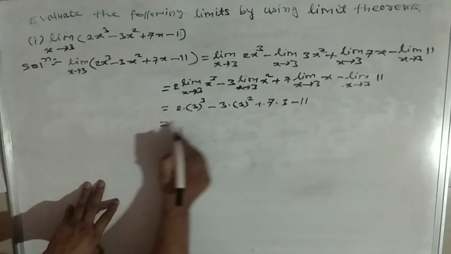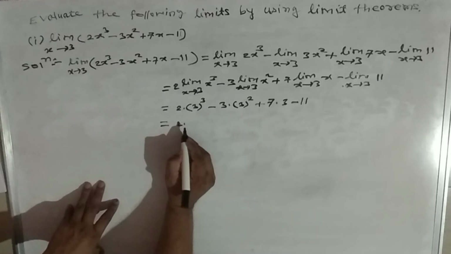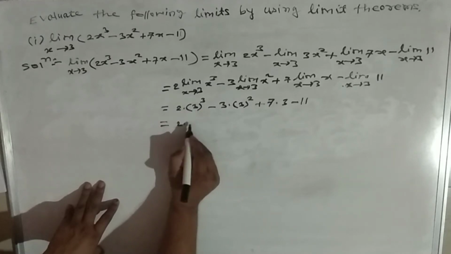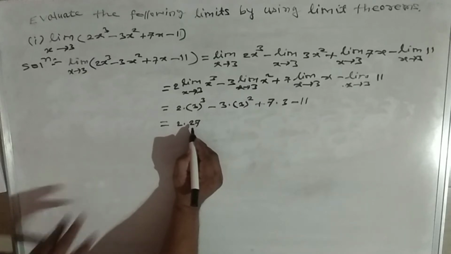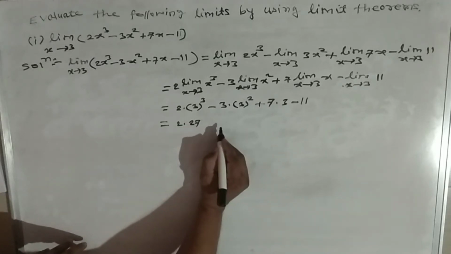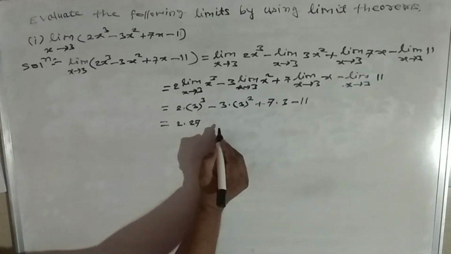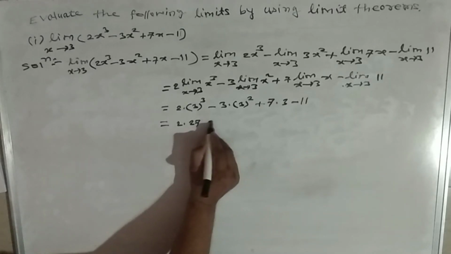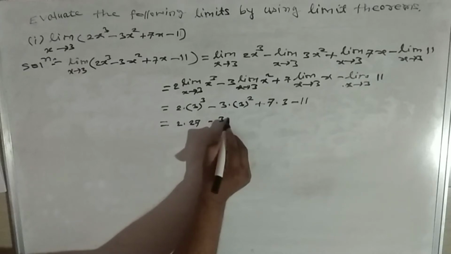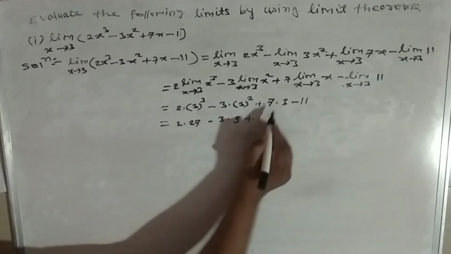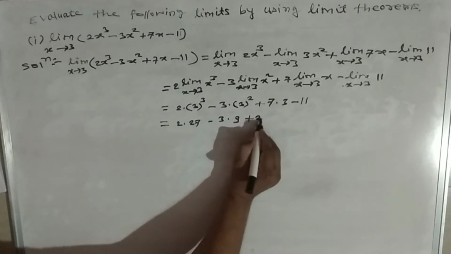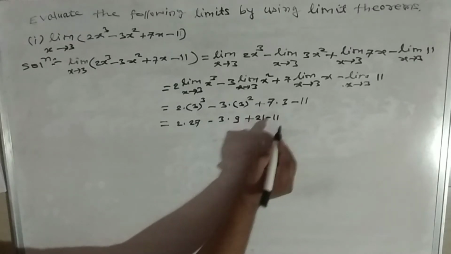So this is equal to 2 into 3 cube, which is 27. So what you get? Minus 3 into 3 square is 9, plus 7 into 3 is 21, minus 11.